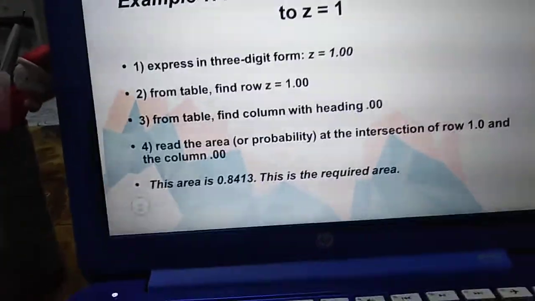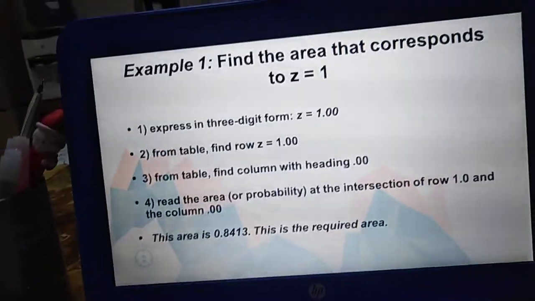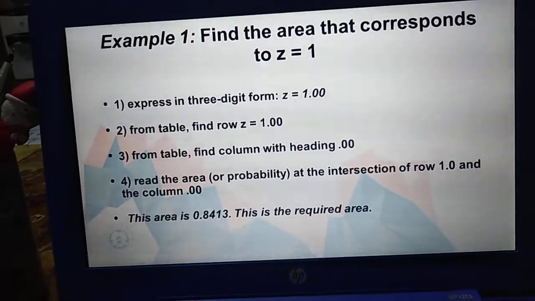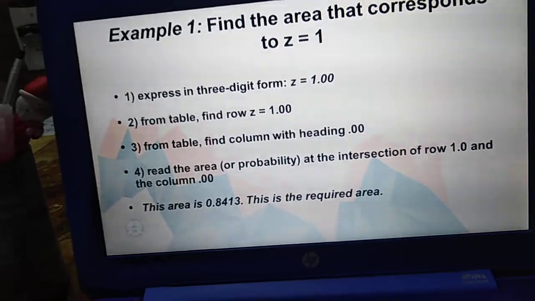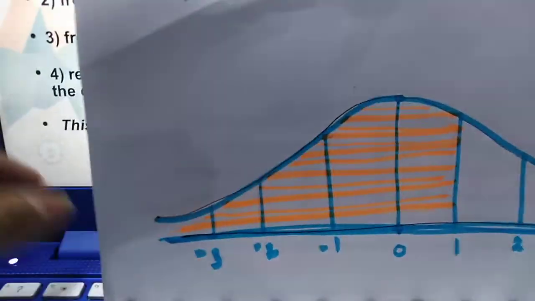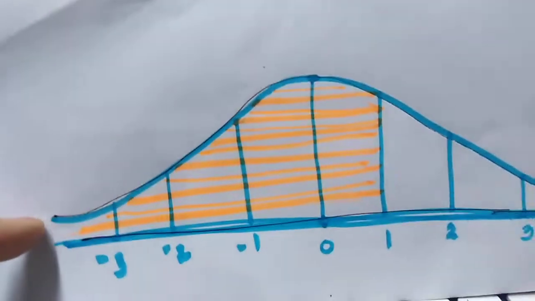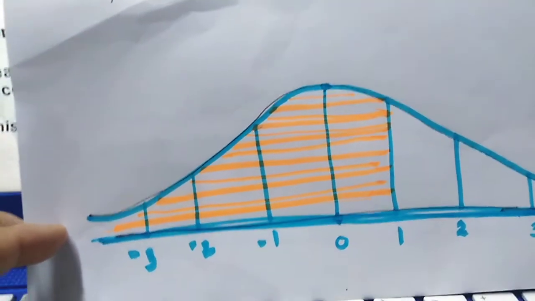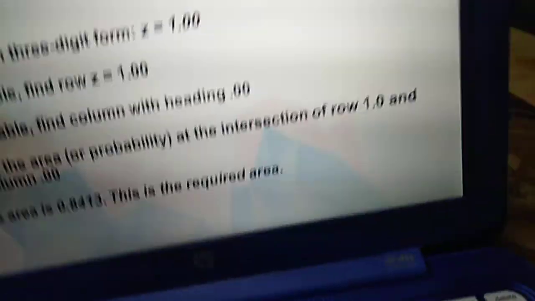Let's go back to our area that corresponds. That is how we're going to get the required area. However, the area that we're looking for is expressed in this graph. So that is z equal to 1.